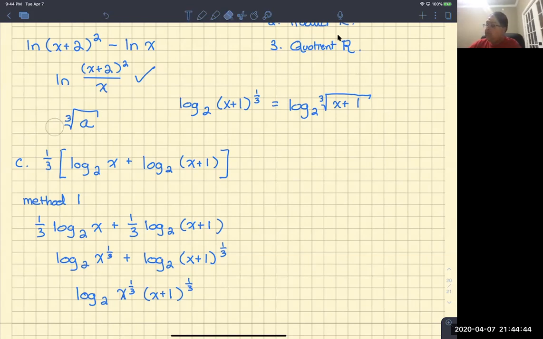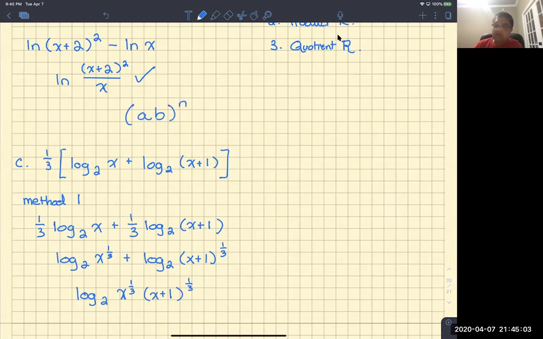The reason logarithms give a lot of people a challenge is because it requires your full knowledge of all of the previous math concepts that you've learned. So remember properties of exponents. If you have two numbers multiplied together raised to an exponent, the exponent rule says that I can distribute that exponent to each number being multiplied.